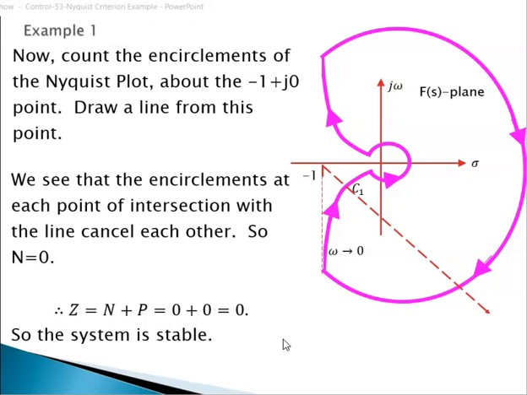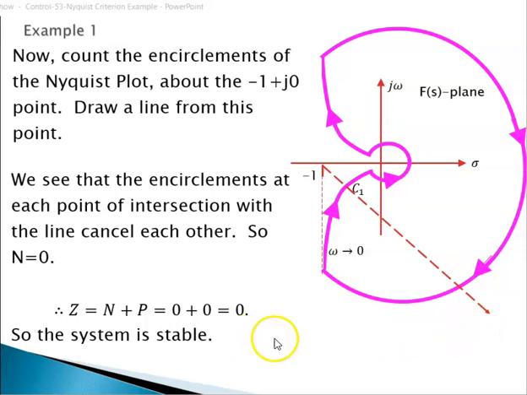It is like dropping a hydrogen bomb on a sparrow. You don't need a hydrogen bomb. Similarly, you don't need the Nyquist criterion to find the stability of a simple first order or second order system. You can do that by Routh's criterion and root locus plot if the need arises.